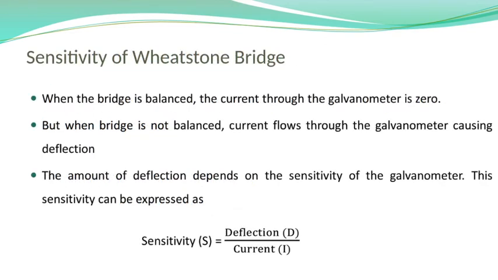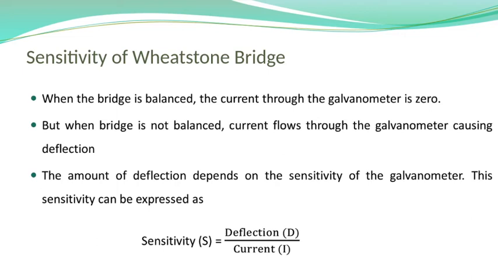Then next is sensitivity of Wheatstone bridge. We all studied Wheatstone bridge comprises of 4 resistors and a galvanometer. If the current passed through galvanometer is 0, it implies that the Wheatstone bridge is in balanced condition.